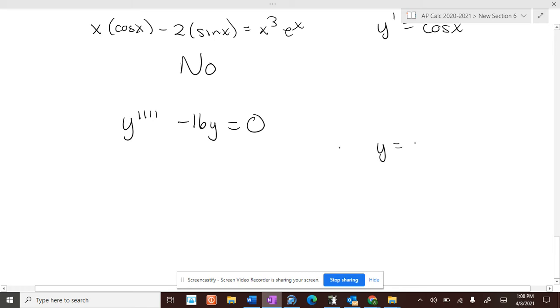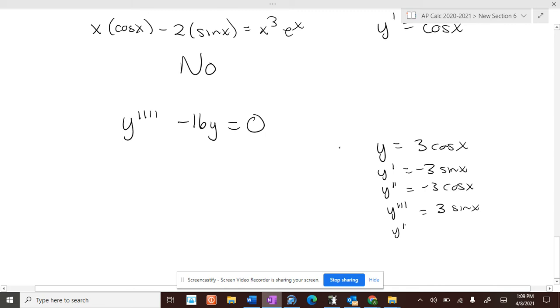Let's say y is equal to 3 cosine of x. Does this function work? So, the first derivative is negative 3 sine of x. The second derivative is negative 3 cosine of x. The third derivative is positive 3 sine of x.